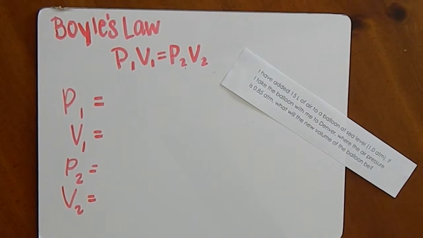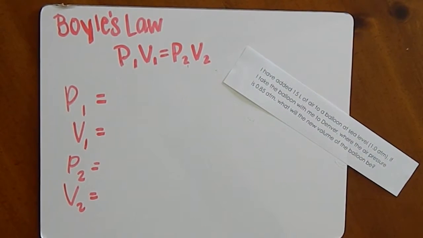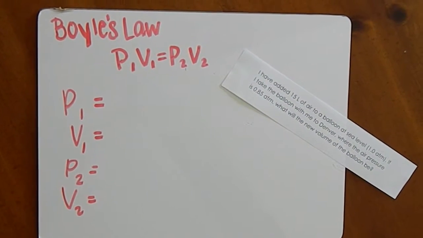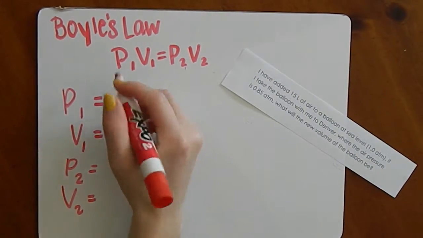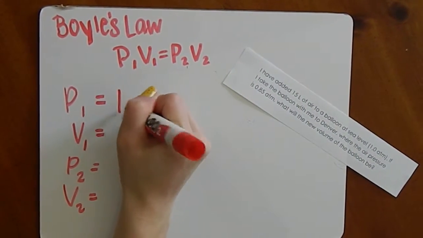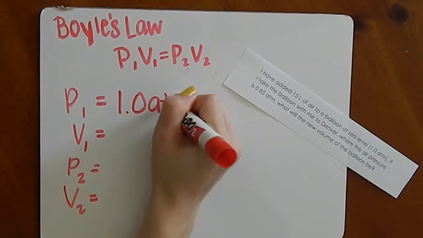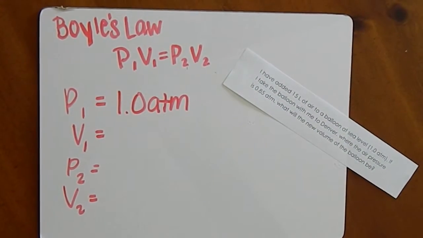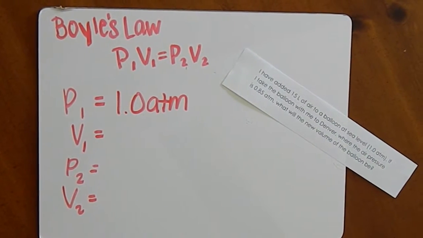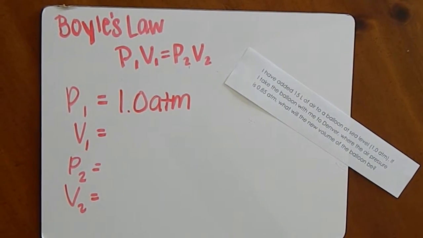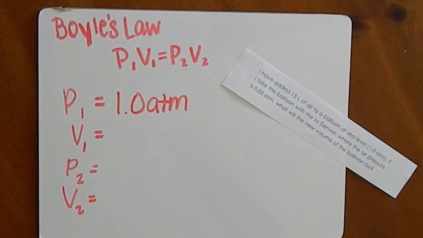So, 1.0 atmospheres is the initial pressure. So this would be P1. V1 is the initial volume. In this problem, 15 liters is the initial volume.